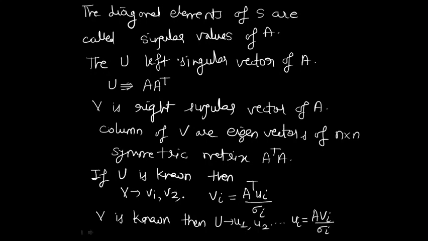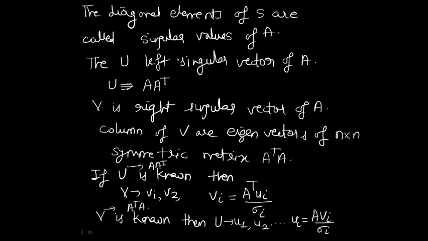Now remember, for evaluation of U, you are going to take the help of the matrix A into A transpose, whereas for evaluation of V, we are going to take the help of A transpose into A. So all these basic concepts one has to remember.